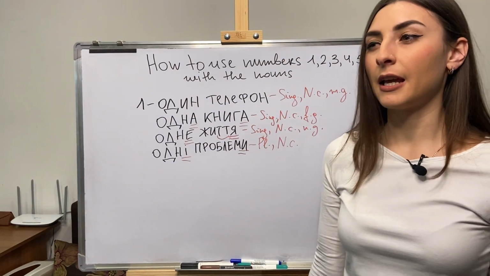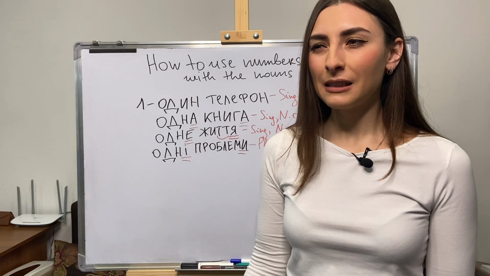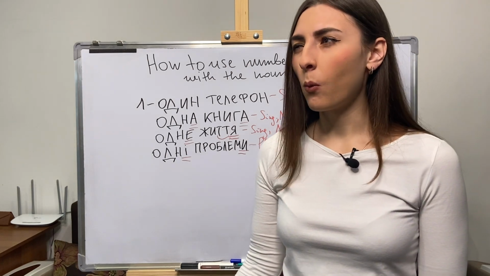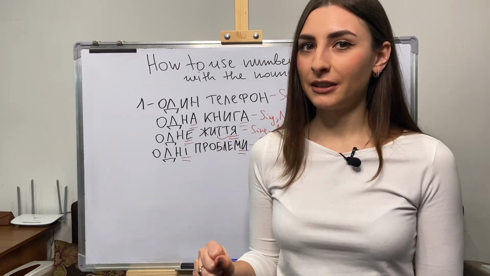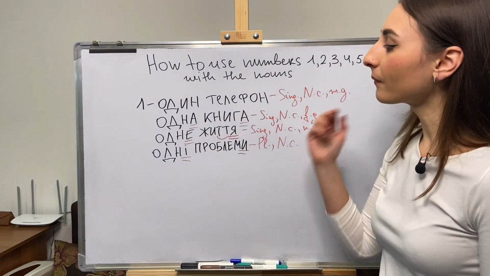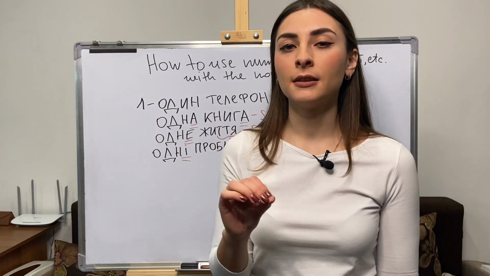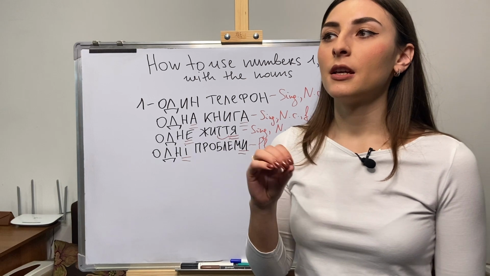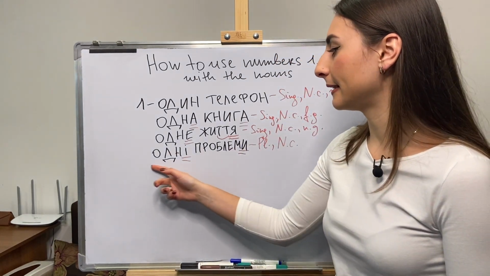How can we translate it? One problems? One's problems? Actually, no. We use it in Ukrainian if you want to say the same problems. So it is translated like the same.